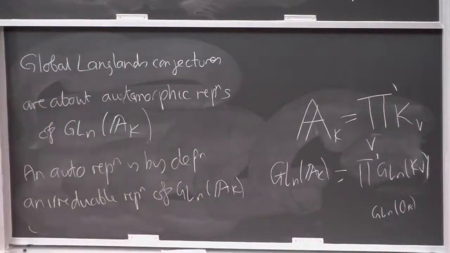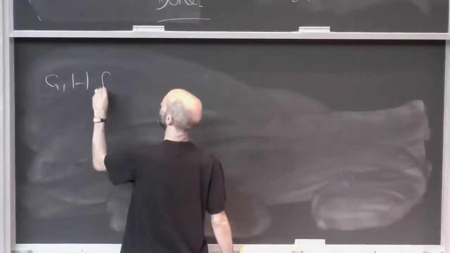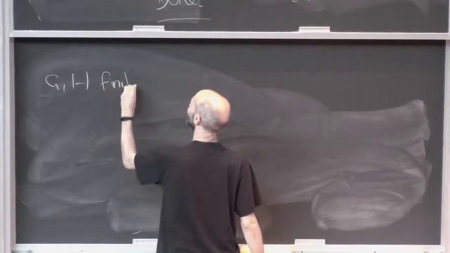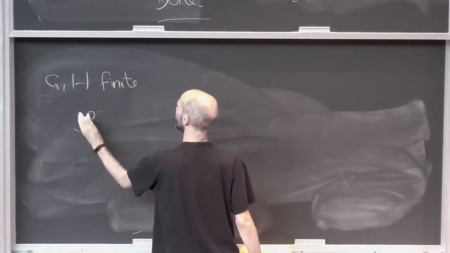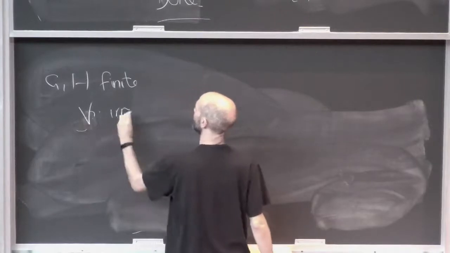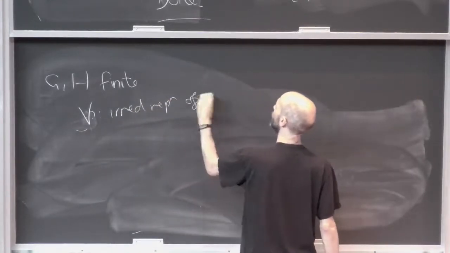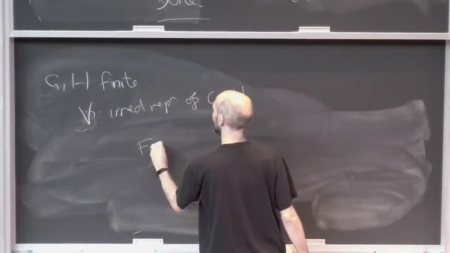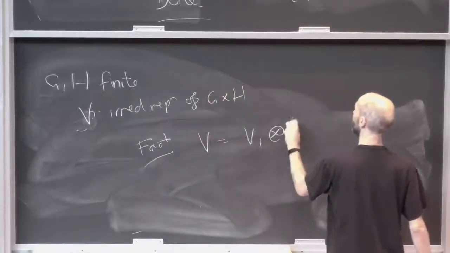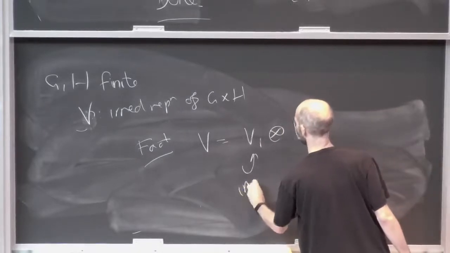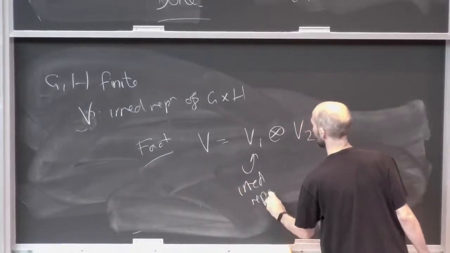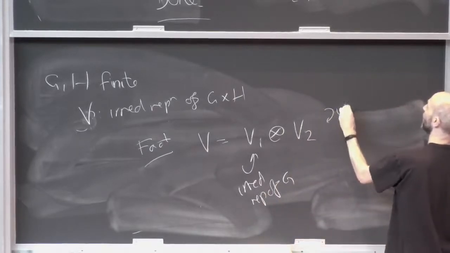Okay? And now there's a general theorem in representation theory that says if you've got a representation of a product of groups, then that representation is just a tensor product of representations of each of the groups, right? If G and H are finite, and I've got some irreducible representation V of G cross H, here's a fact: V is V1 tensor V2, where V1 is an irreducible representation of G and V2 is an irreducible representation of H, right?